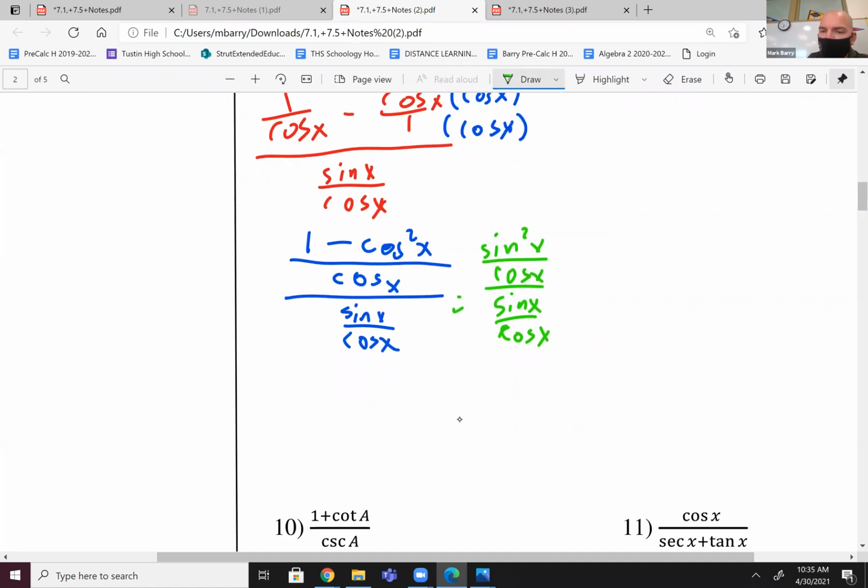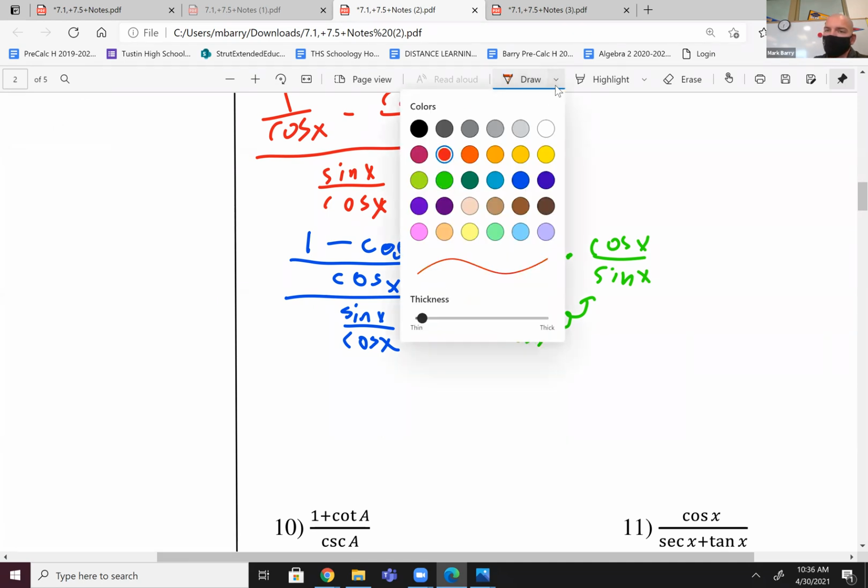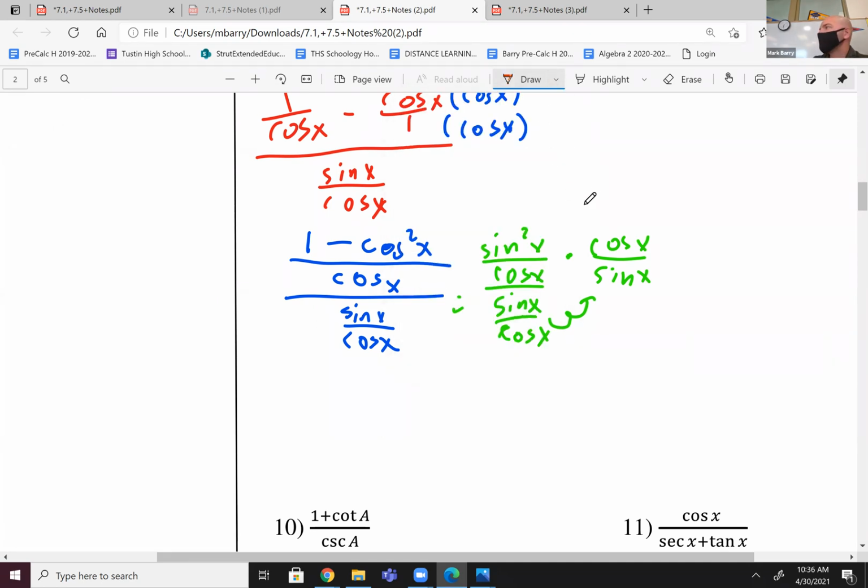All right, now I'm going to multiply by the reciprocal here. So times cosine x over 1. Nope, times cosine x over sine x, excuse me. And now I'm going to do some cross canceling. Cosine cancels out with cosine. Can I cancel out sine squared with sine x? Partially, right? Sine squared is really sine times sine.